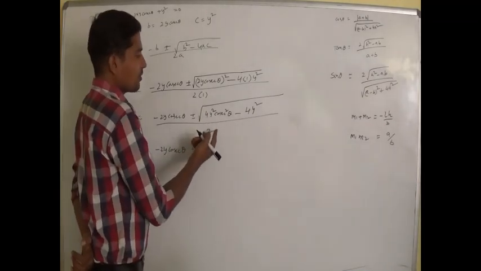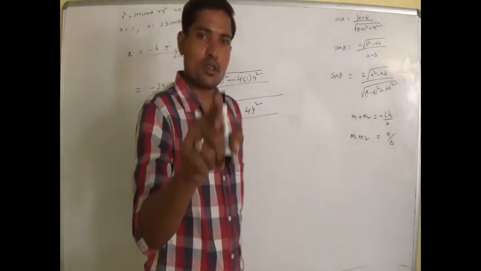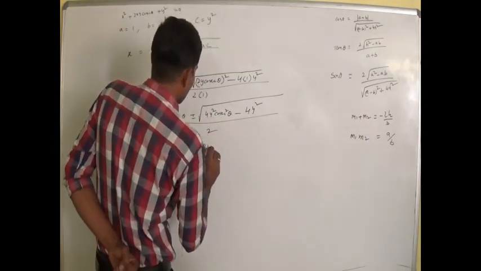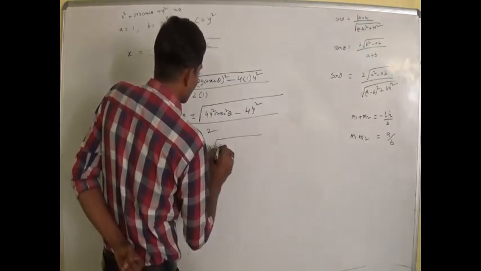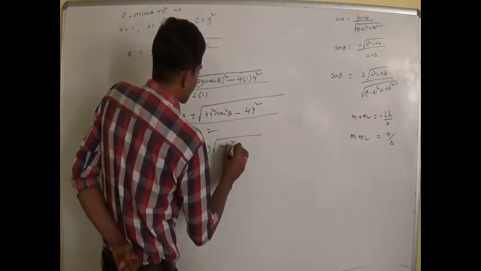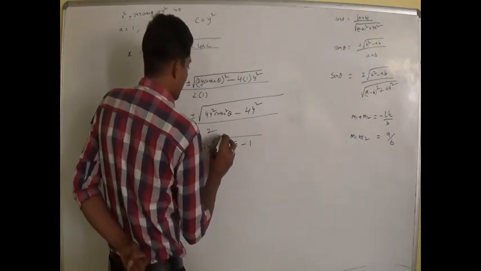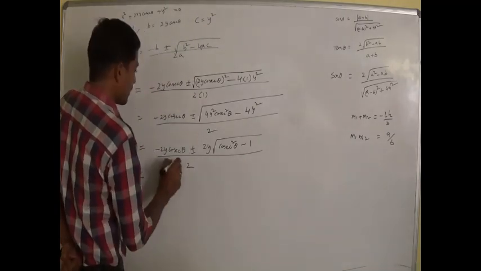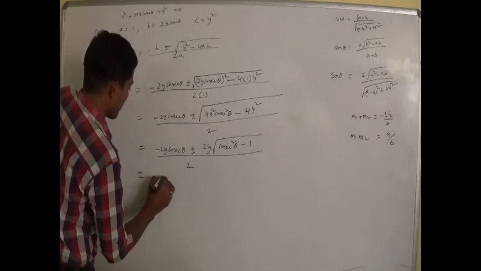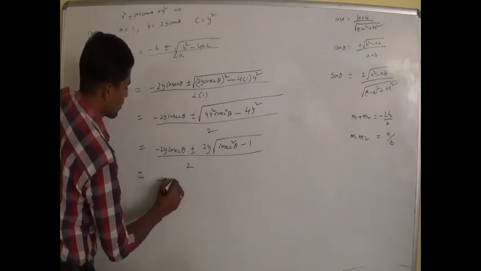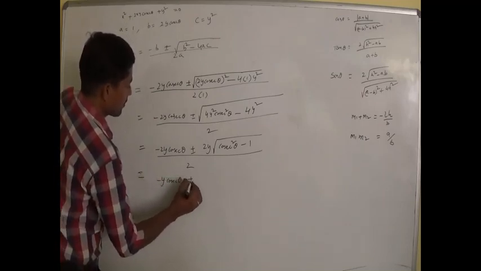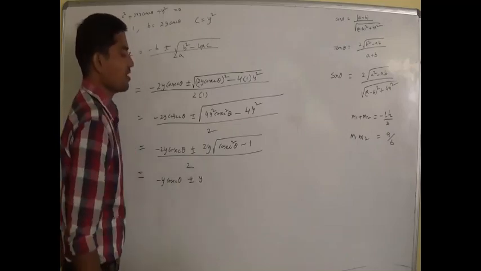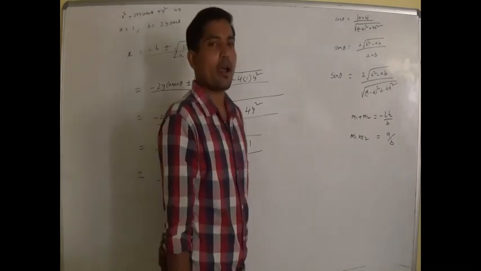If you bring it out from the square root, it will become 2y. So 2y square root of cosecant square theta minus 1 by 2. 2 gets cancelled. Minus y cosecant theta plus or minus y square root of cosecant square theta minus 1.